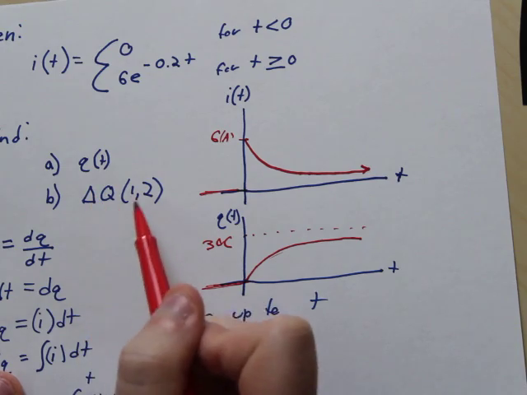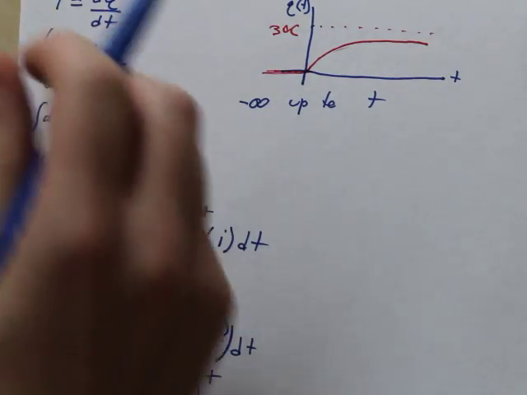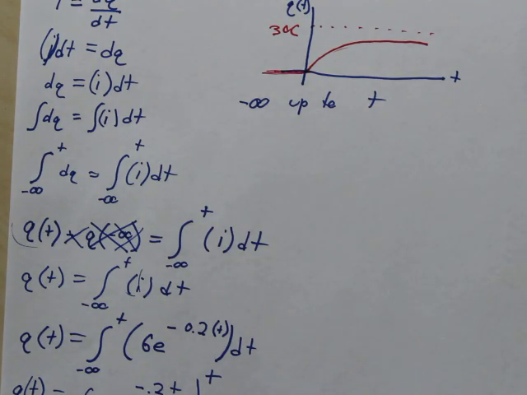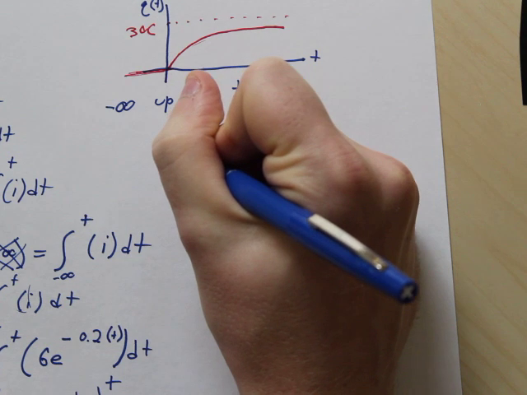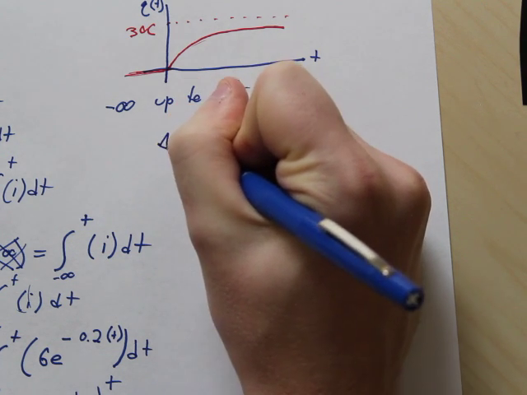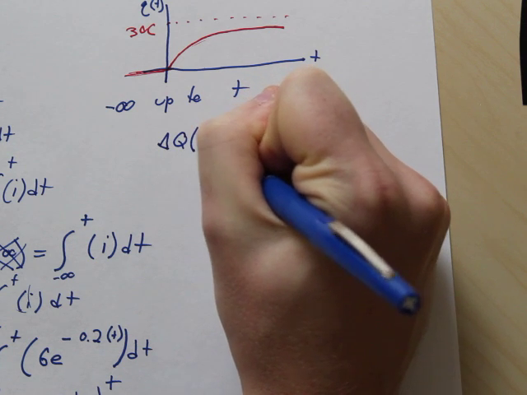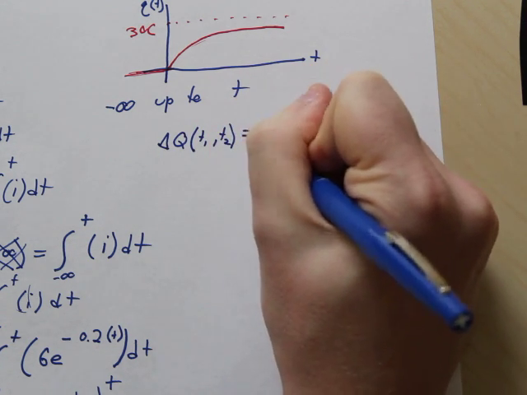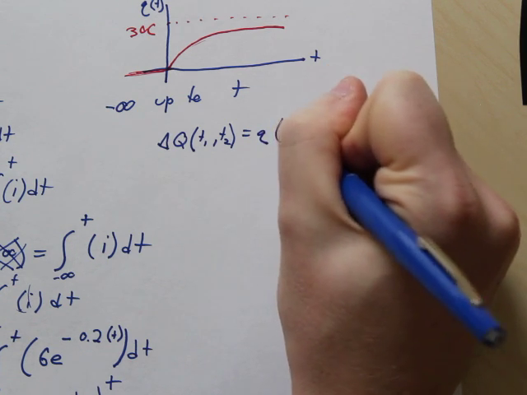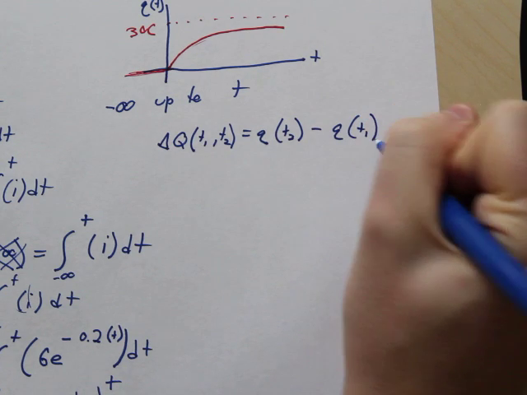So delta Q from 1 to 2. For this one, we're going to grab out our pen again, and that's going to be our change in charge, delta Q of T1, comma T2, equals charge at T2 minus charge at T1.